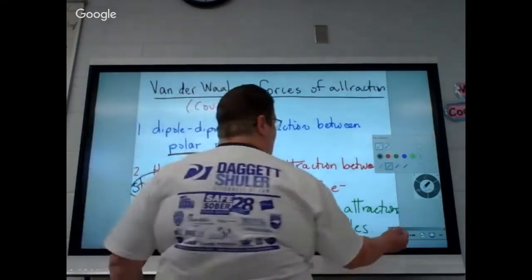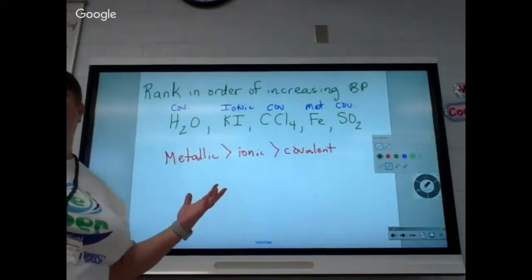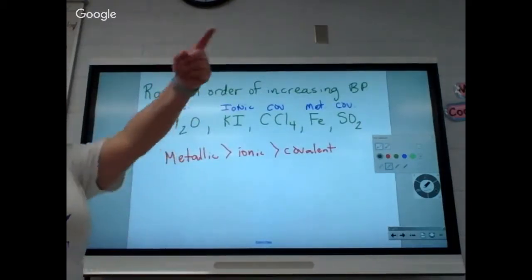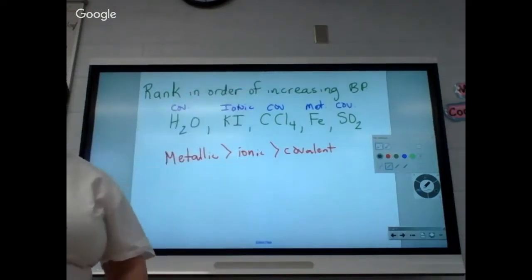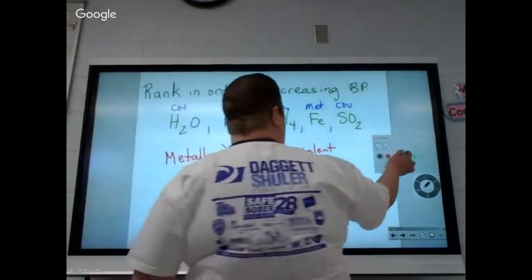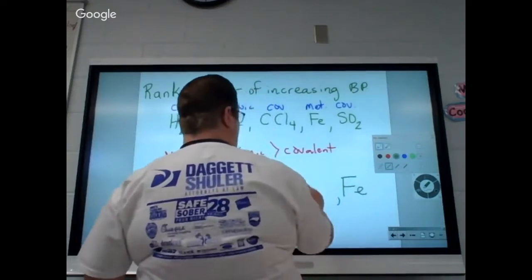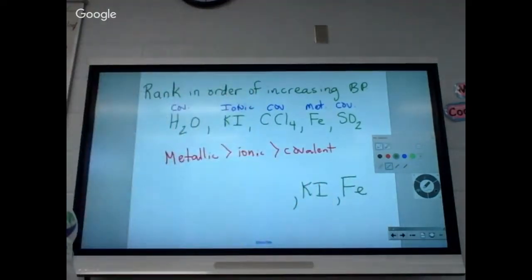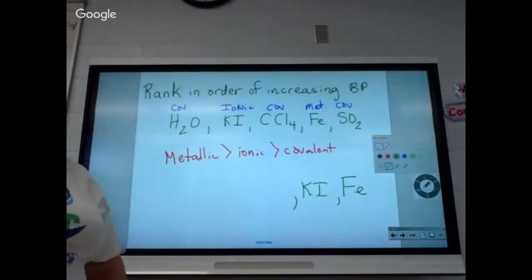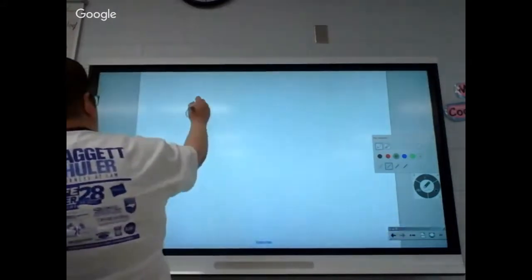So how am I going to know? I have to draw the Lewis structure and figure it out. You've already told me that I know that iron was the greatest, and I know that KI was the next greatest, but the other 3 were a mystery. So I have to draw the Lewis structure. Stop worrying. I'm going to do it for you.